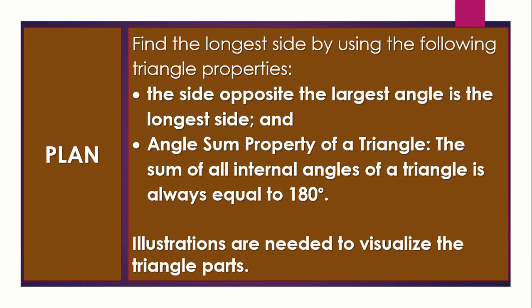Number 1, the side opposite the largest angle is the longest side, and angle sum property of a triangle, which states that the sum of all internal angles of a triangle is always equal to 180 degrees. Now, since this problem does not have an illustration, we are going to need an illustration to visualize the triangle parts.